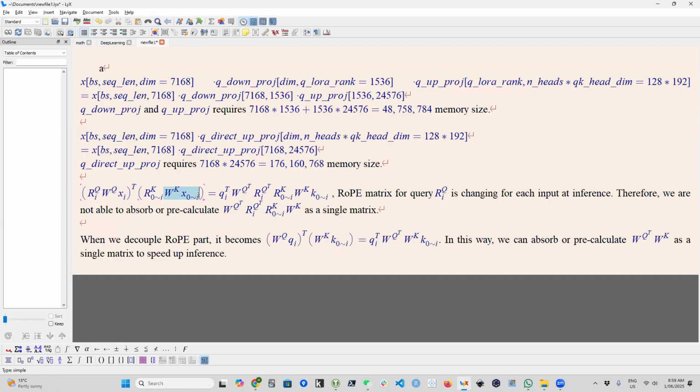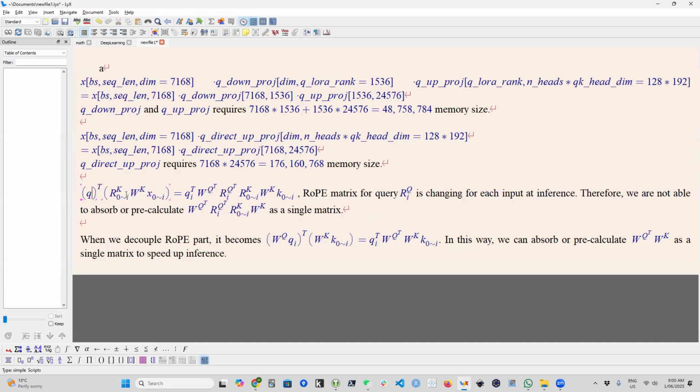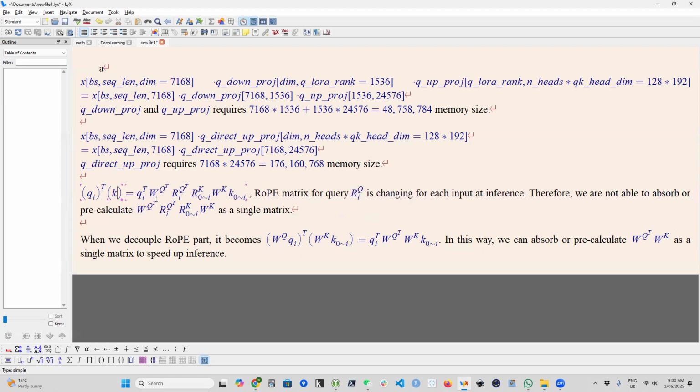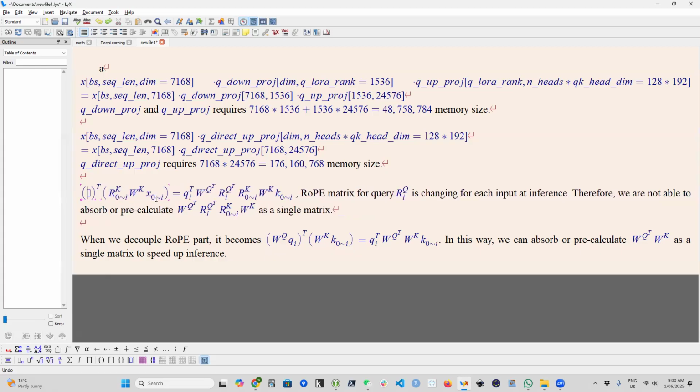The K part is the same: the input is projected into the K space, then we do the rotation on the key. Then we multiply together. So this is similar to the concept of Q_i dot product with K_i, right? This is what we do before.